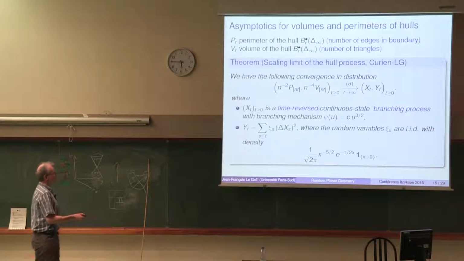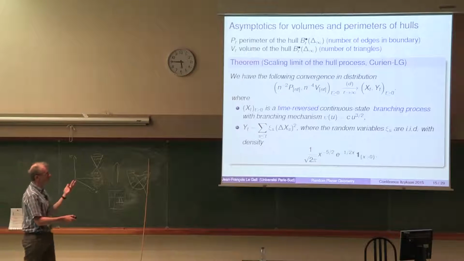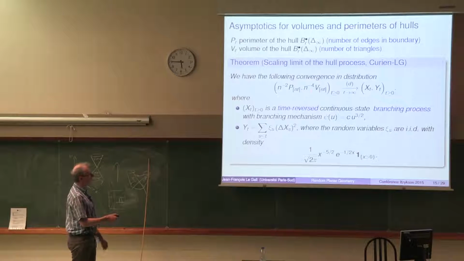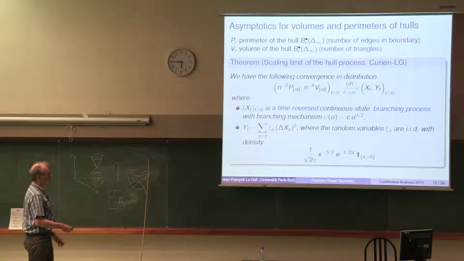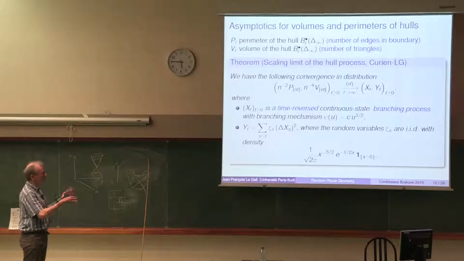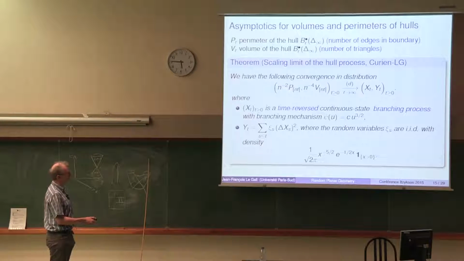The perimeter is of order n squared, the volume is of order n to the power 4. Of course, it's the same 4 as in the Hausdorff dimension of the Brownian map, saying that essentially a ball of radius n will have a volume of order n to the power 4. And you can get a convergence in distribution of this pair of processes.